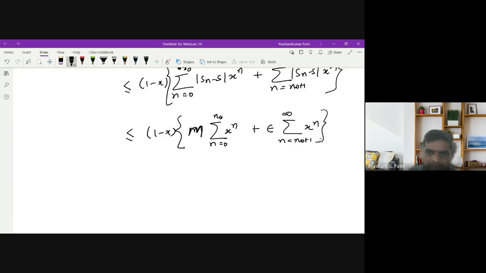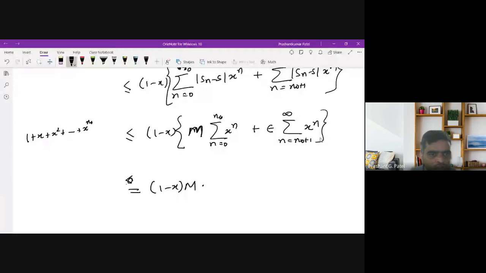But here I am adding some more terms. And here this is a finite geometric progression sum, so that is 1 plus x square up to x power n0. So that is equal to 1 minus x into M into this quantity.